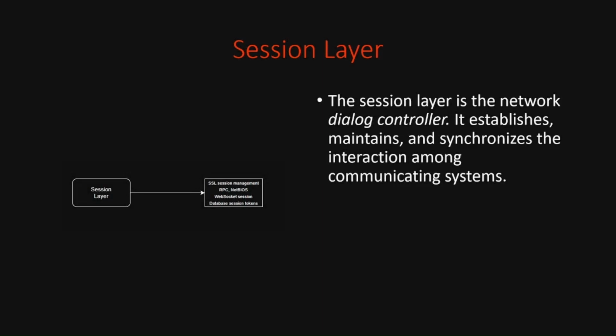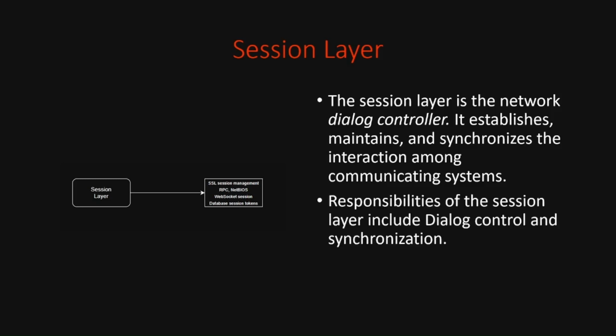Imagine two computers sitting down for a conversation. The session layer decides who speaks first, who listens, and when each one can resume talking. It keeps the interaction smooth and organized, making sure both sides stay in sync. That's why its core responsibilities are dialogue control and synchronization.